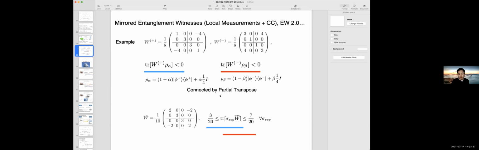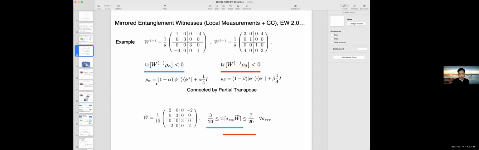But now I construct W tilde. I can find a lower bound here and an upper bound here. Then I can detect two states at the same time using just one experiment that estimates the expectation value of W tilde. So this example clearly shows you that two entanglement witnesses can be realized at the same time.